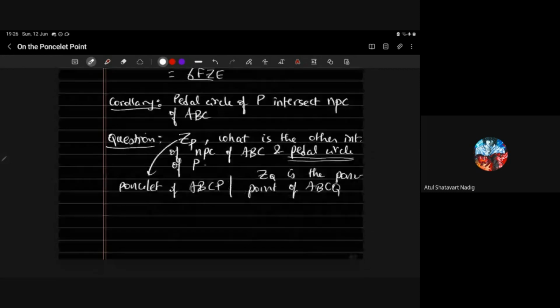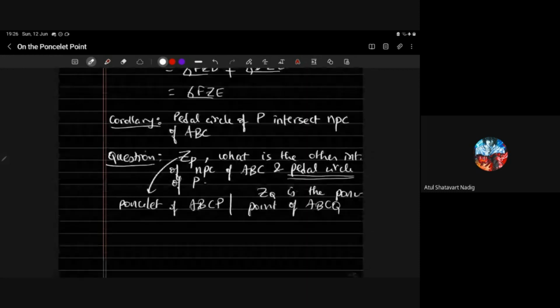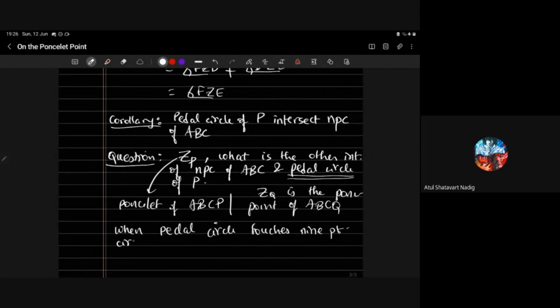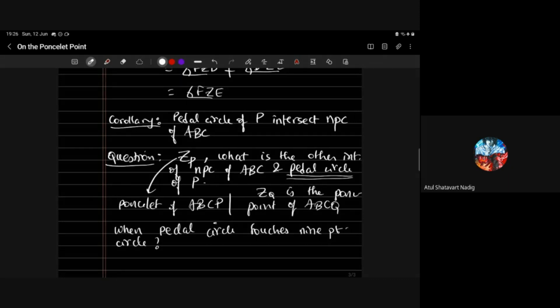So now something interesting. What happens when the pedal circle touches the 9-point circle? If it touches, that means the Poncelet point of ABCP and the Poncelet point of ABCQ are the same, right?